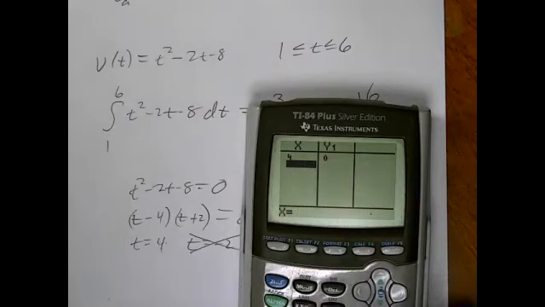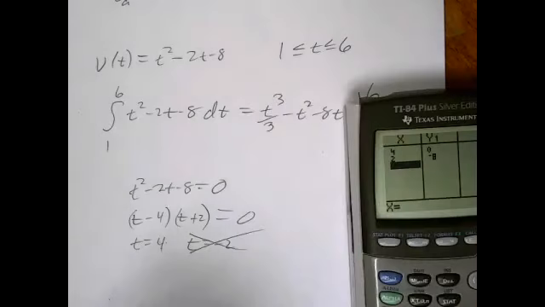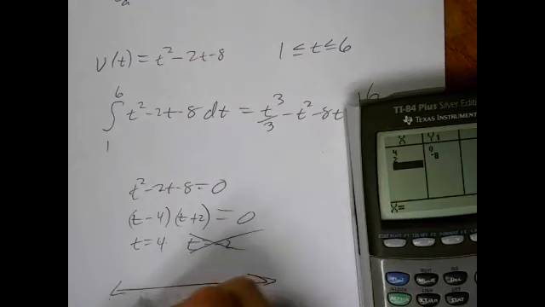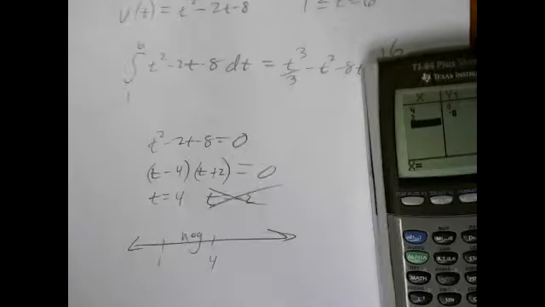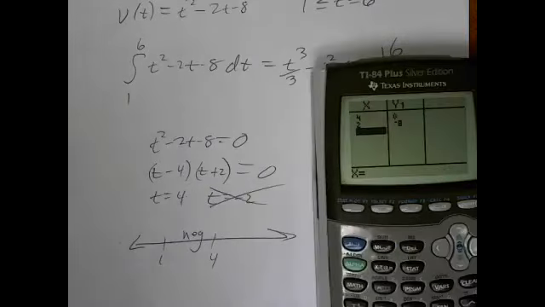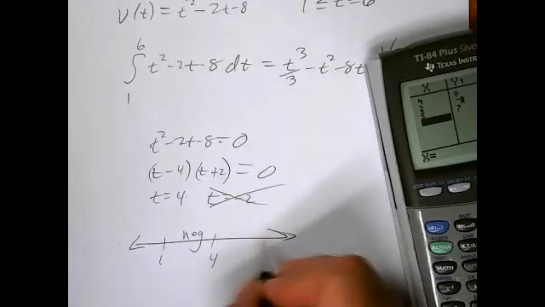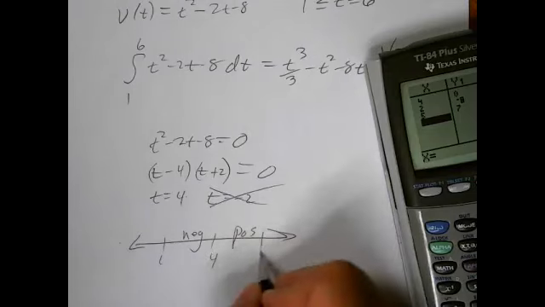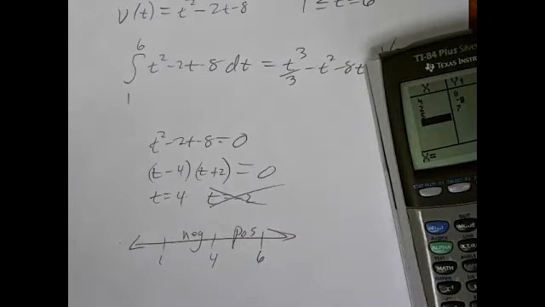Well, in the time interval from 1 to 4, we'll put in, say, maybe a 2, and from 1 to 4 seconds it was traveling in a negative direction. Negative direction just means in an opposite direction. At time maybe 5, it's traveling in a positive direction. So from 1 to 4, it's traveling in a negative direction, and from 4 to 6, it's traveling in a positive direction.